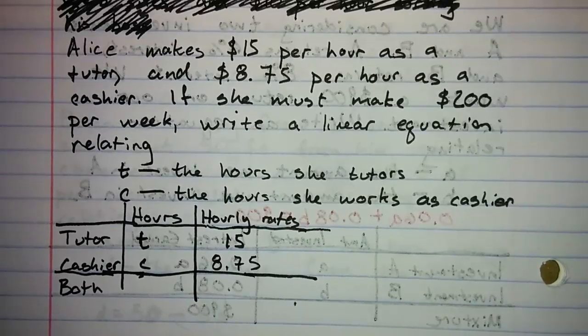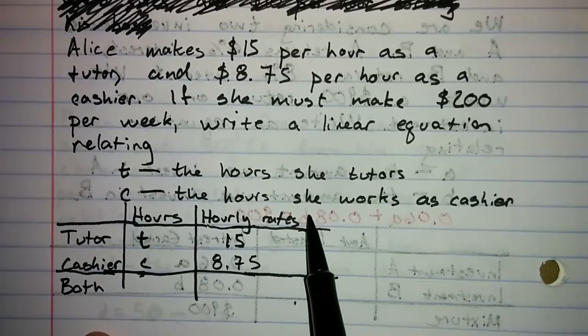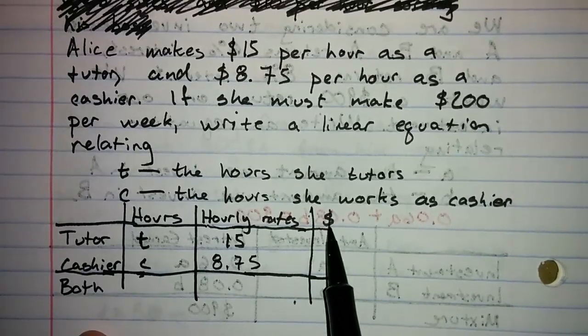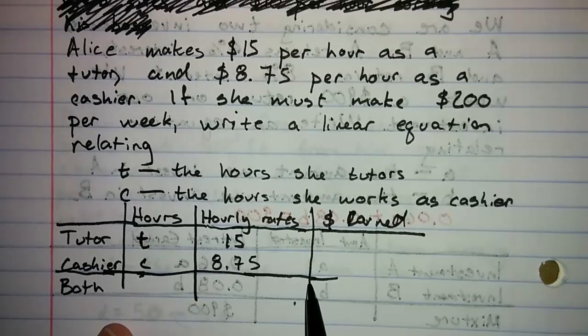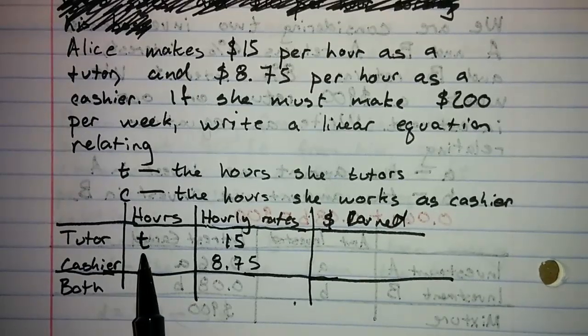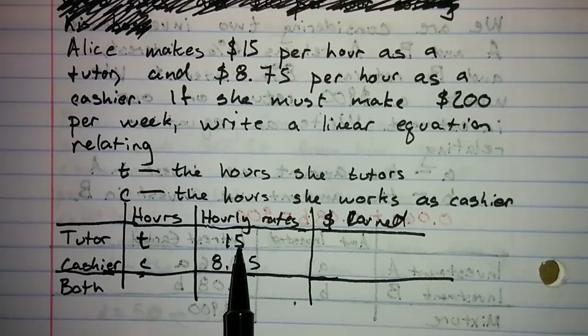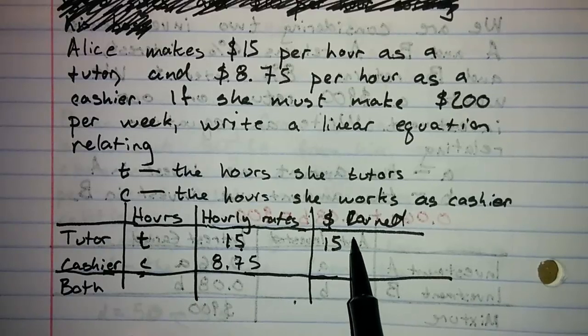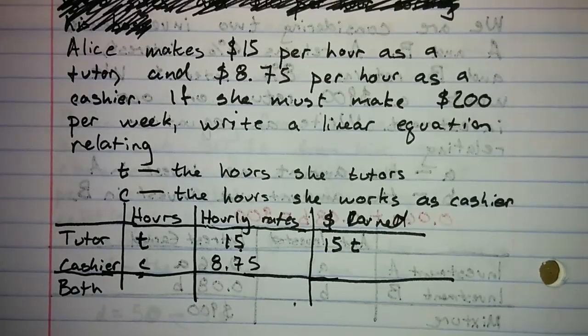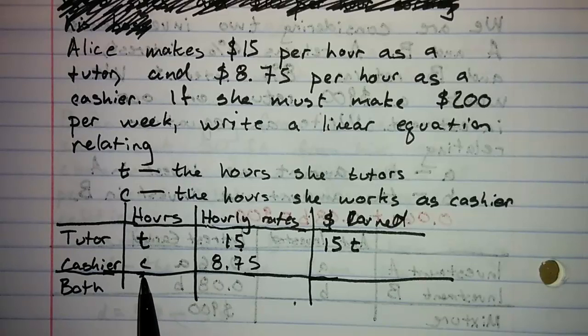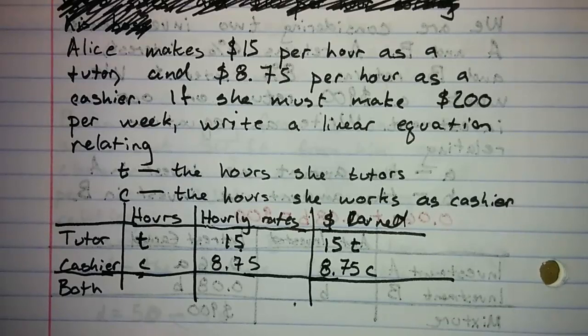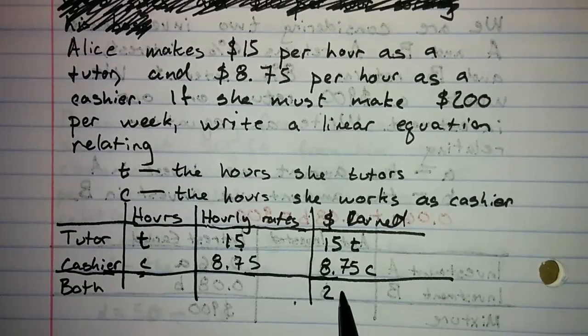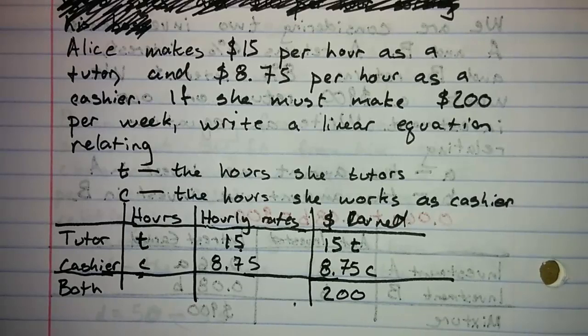We could leave this column out if we liked, because what we're really interested in is how much money she earns. If she works T hours for $15 per hour as a tutor, she earns 15T dollars. If she works C hours for $8.75 per hour as a cashier, she makes 8.75C dollars. And we want the amount she earns to add up to $200.